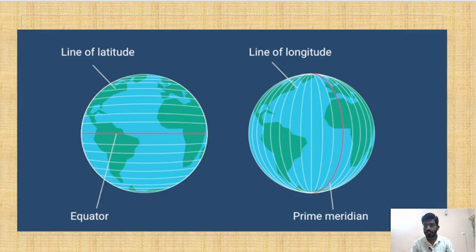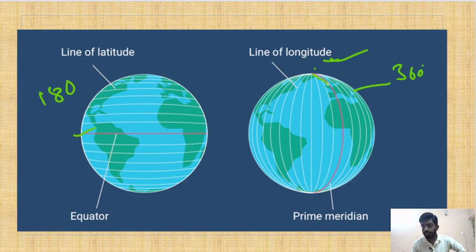Similarly, the vertical lines which are drawn on our earth are called longitudes. These are semicircles, not complete circles, they are half circles. There are a total of 360 longitudes, whereas there are only 180 latitudes. The longest latitude is the equator.